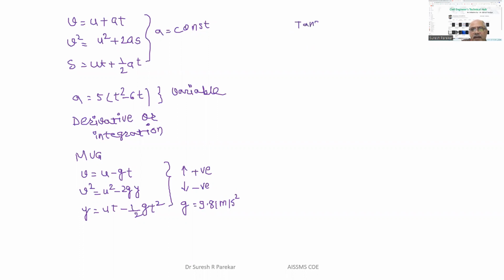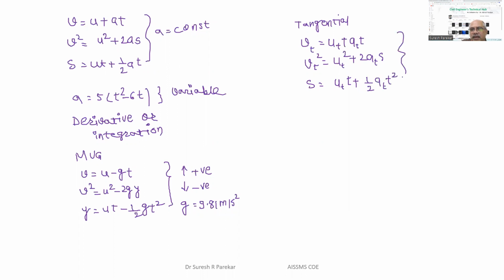Then we have tangential and normal. In this, my equations become Vt equal to Ut plus At into T. Then Vt square equal to Ut square plus 2At into S. And S equal to Ut into T plus half At into T square. And then we have An equal to V square by rho.